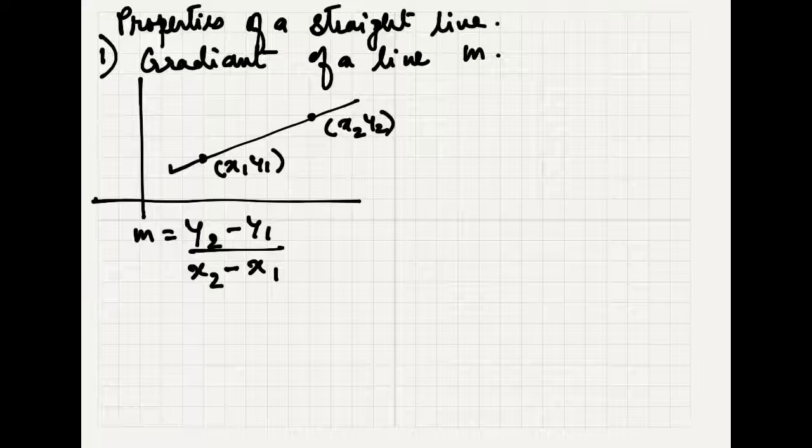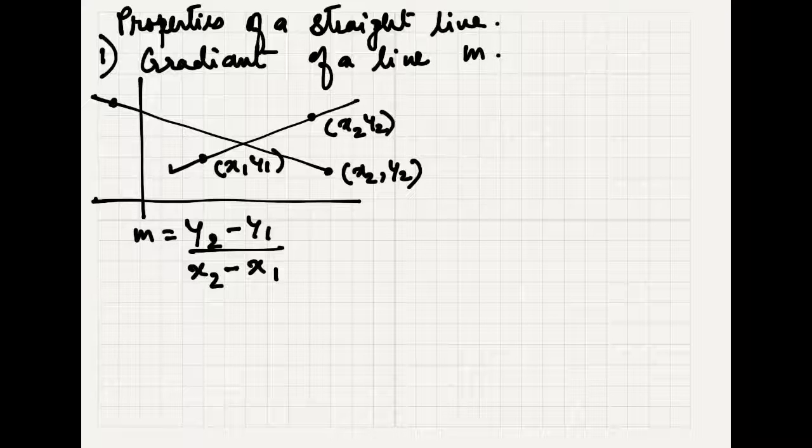Even if the inclination is in the left handed direction, if we consider these two points, the right hand side point is considered (x2, y2) and the left hand side coordinate is considered (x1, y1) to find the gradient. This is L1 and this is L2.